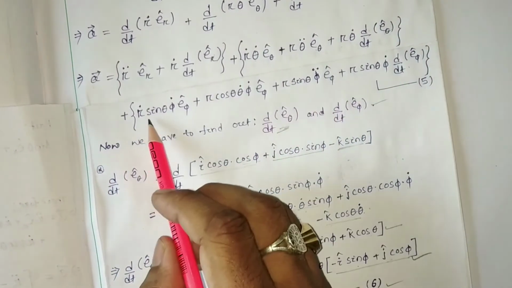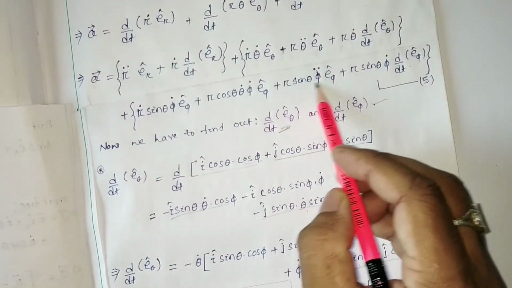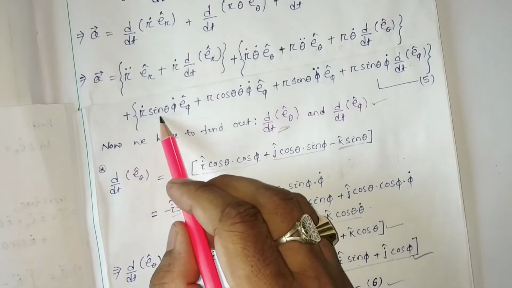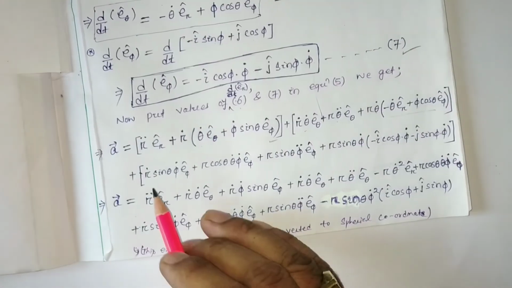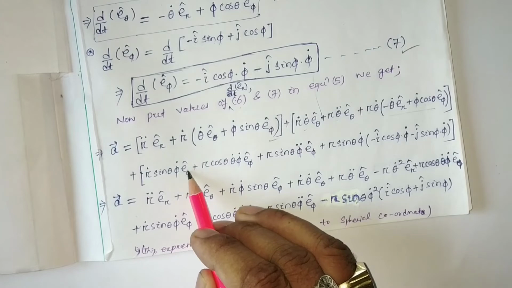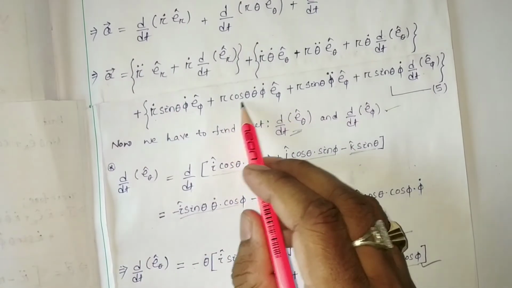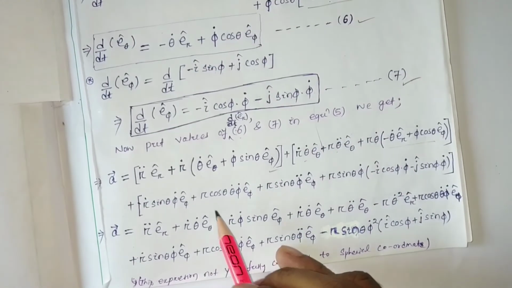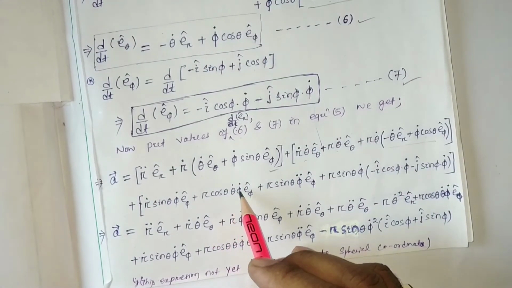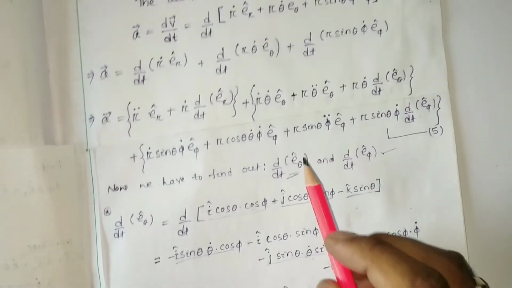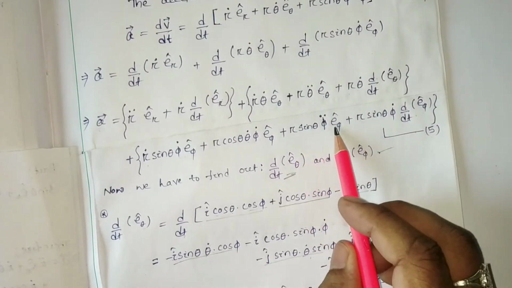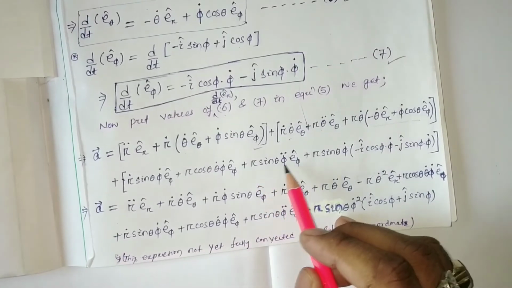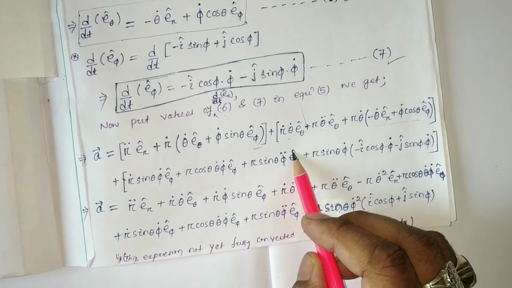Now the next terms are this one: r dot sin theta phi dot e phi cap, r cos theta theta dot phi dot e phi cap, r sin theta phi double dot e phi cap.